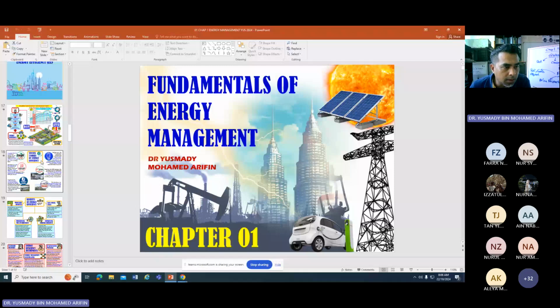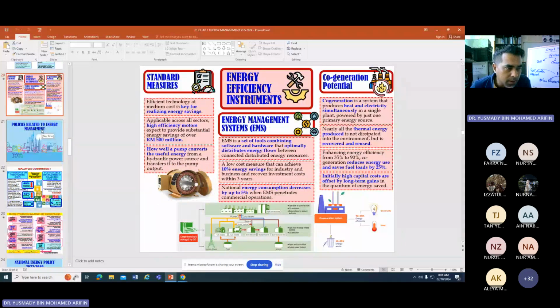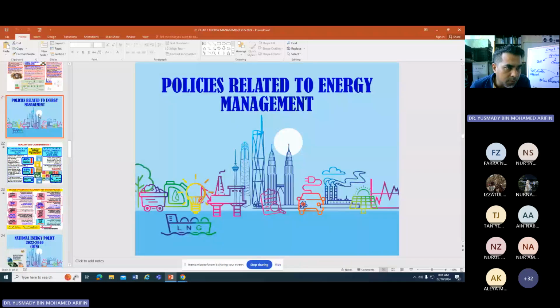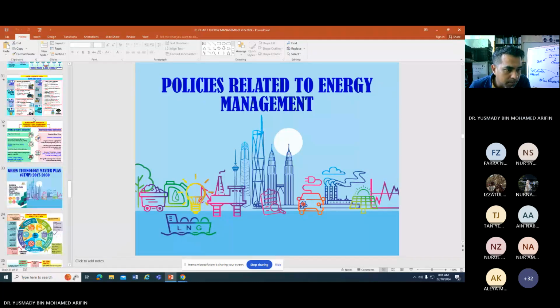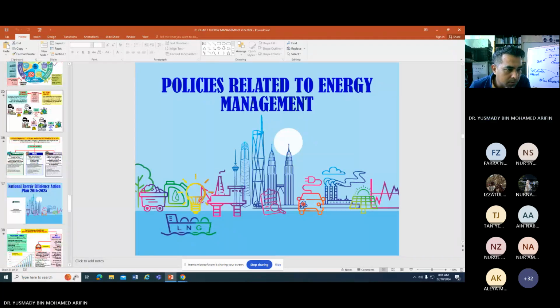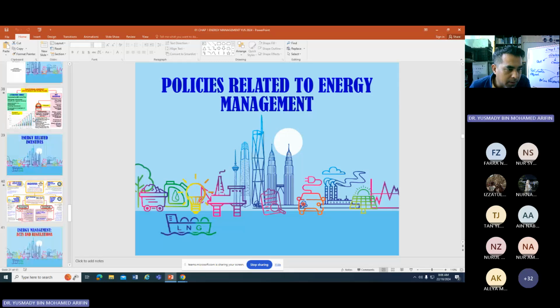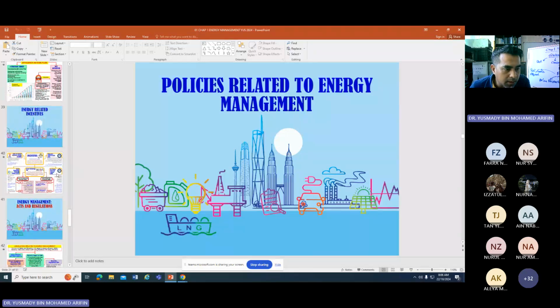So for today, saya nak ambil lebih kurang 20 slide juga. Mungkin start from slide 21 about the policies related to energy management until slide number 40, under energy related incentive. So kalau sempat lah, kalau tak sempat, kita berhenti setakat ni juga lah, ataupun maksimum kat slide number 40.